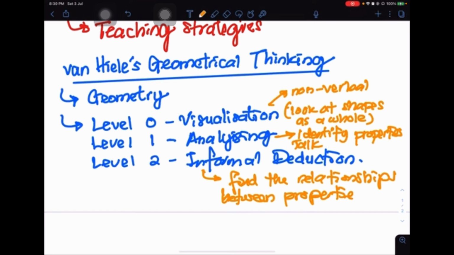They use the properties to find the relationships among the shapes they have learned. So this is Van Hiele. Under geometry, you have 2D shapes and 3D shapes, and patterns are the same. They use Van Hiele's geometrical thinking.